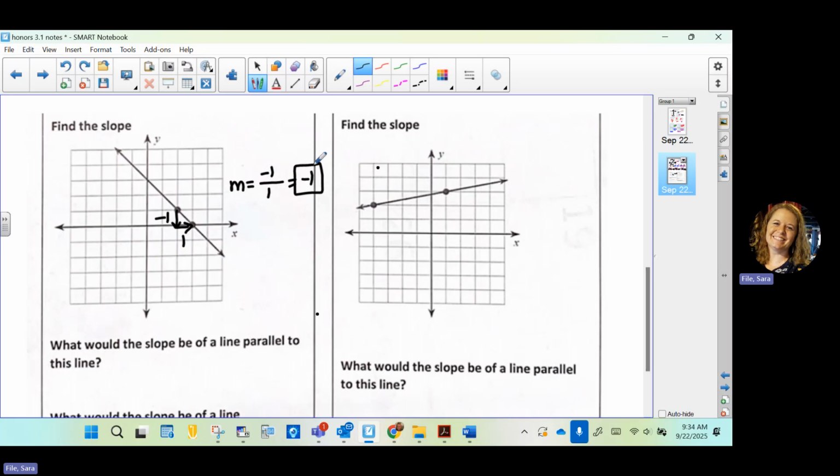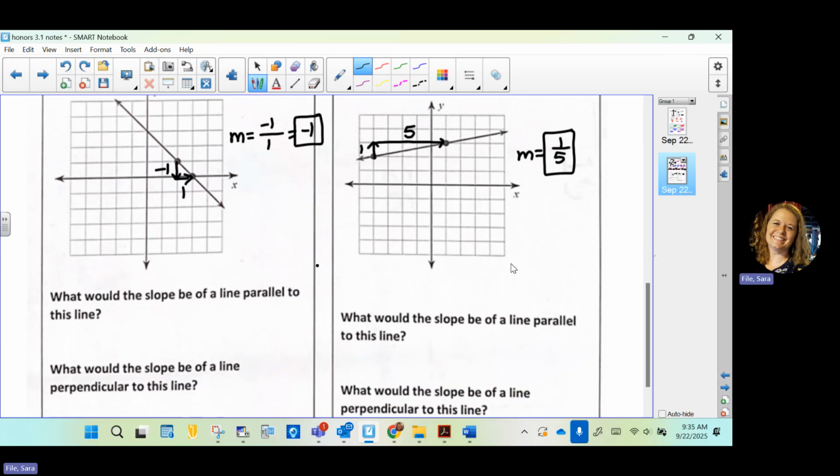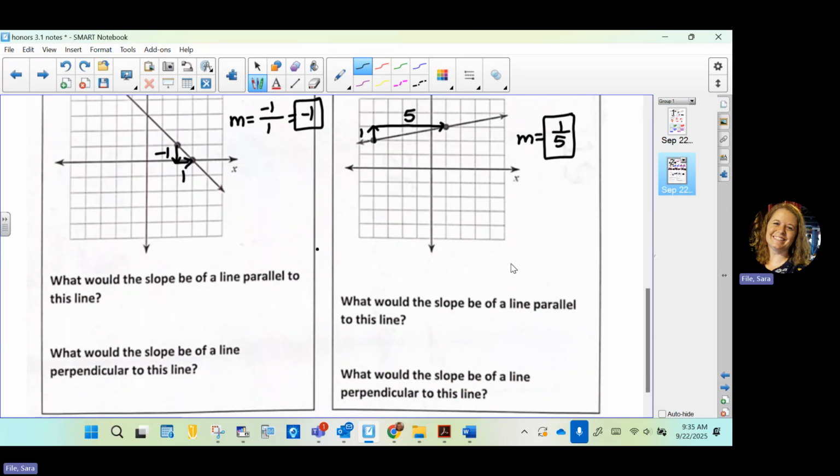Okay, for this graph on the right, I go up 1 and right 5. So rise over run is 1/5. Now the questions we want to see if y'all remember: what would the slope be of a line parallel to this line on the left?